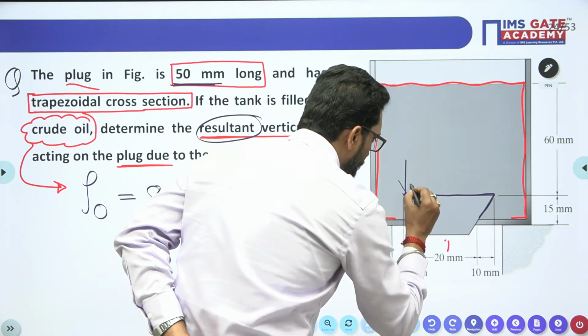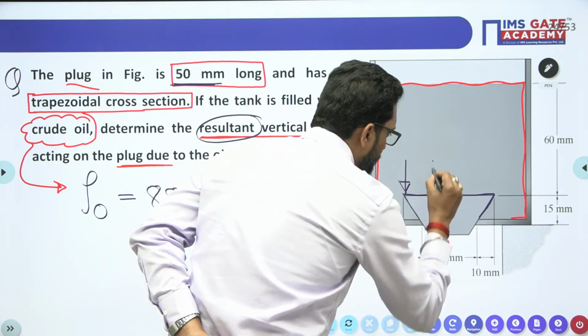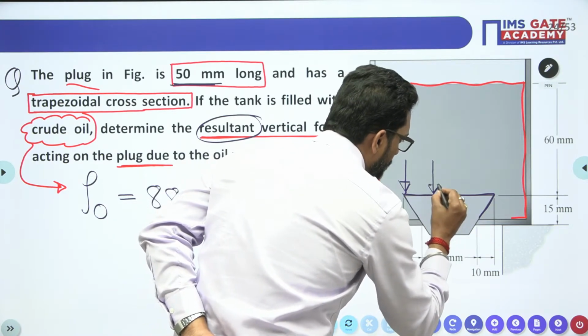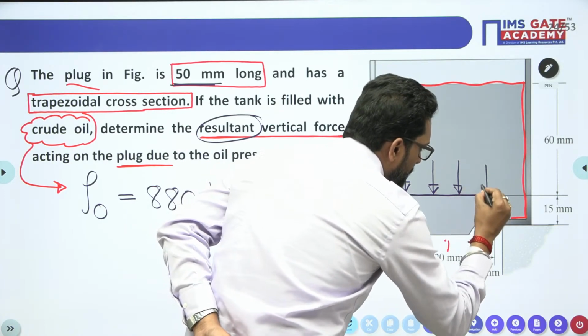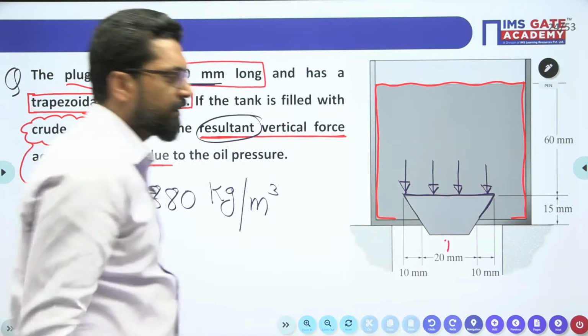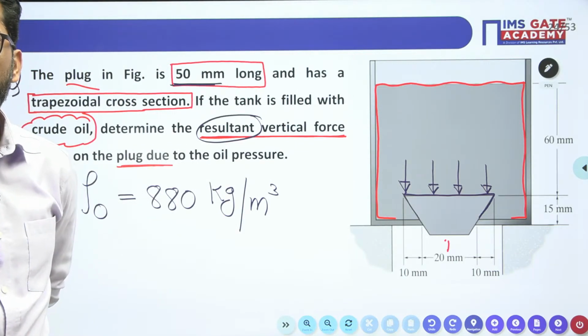At this horizontal surface of the plug, the oil exerts a pressure downward in this fashion. Yes or not?